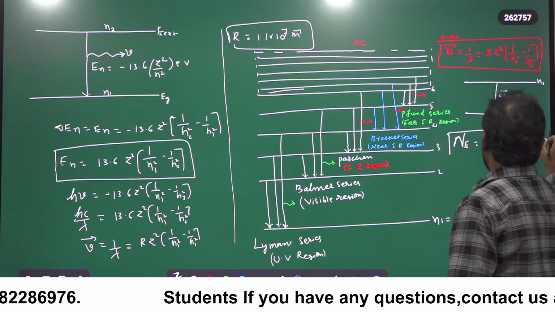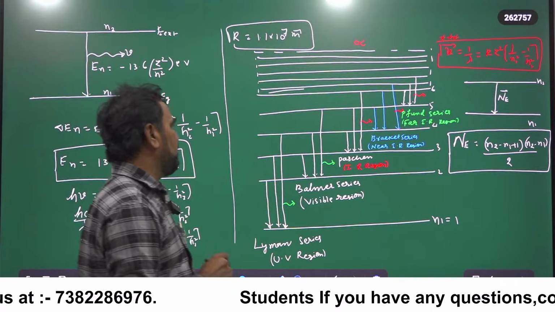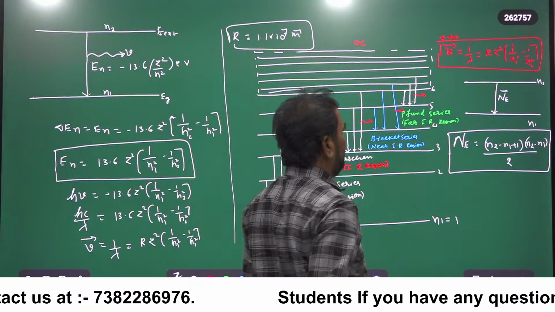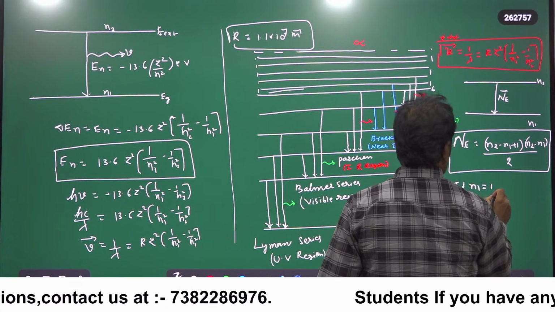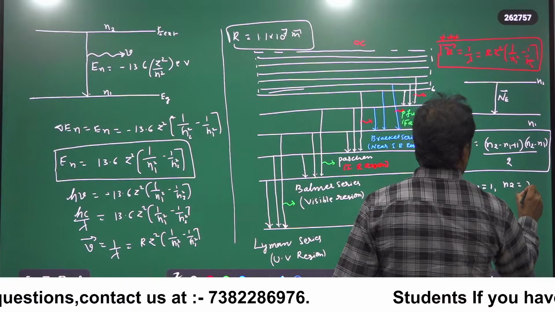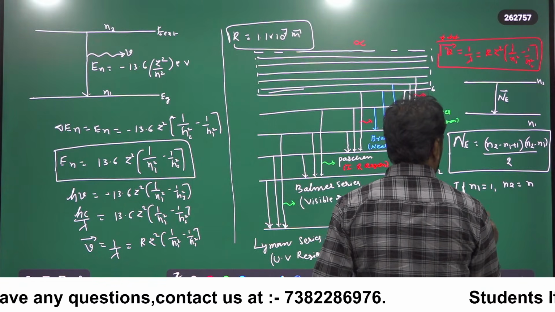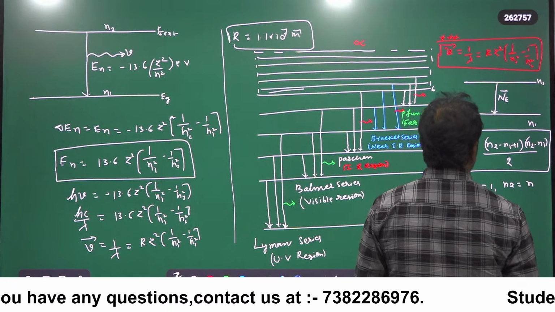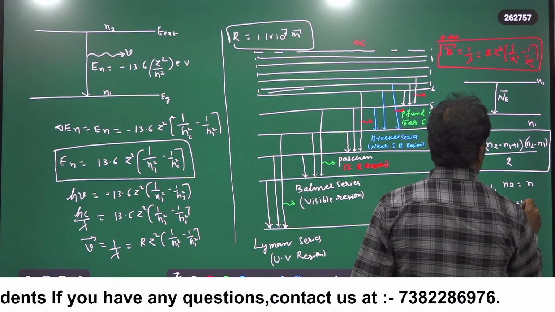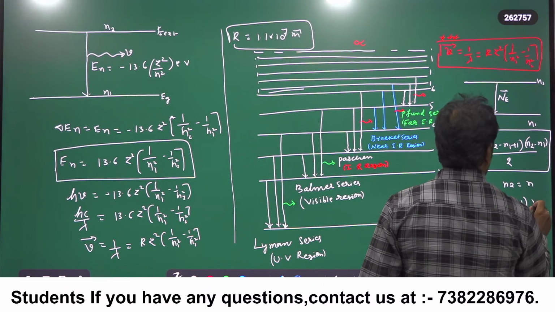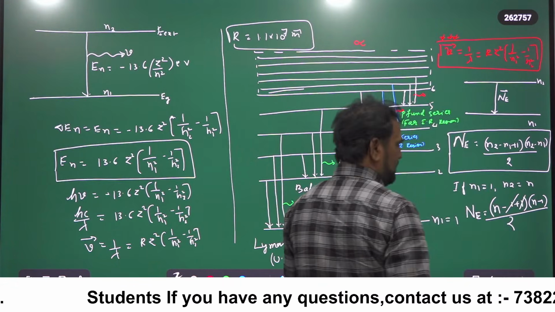So this many spectral lines are formed when the electron undergoes transition from N2 to N1. Suppose N1 is equal to 1 and N2 is equal to n, then the number of spectral lines would be N of E is equal to (n minus 1 plus 1) into (n minus 1) upon 2, so plus 1 minus 1 gets cancelled out.